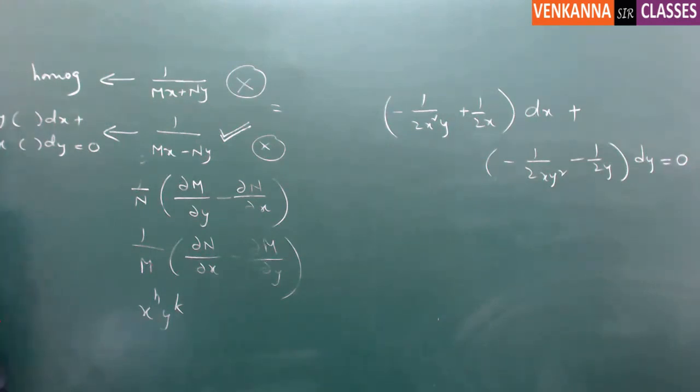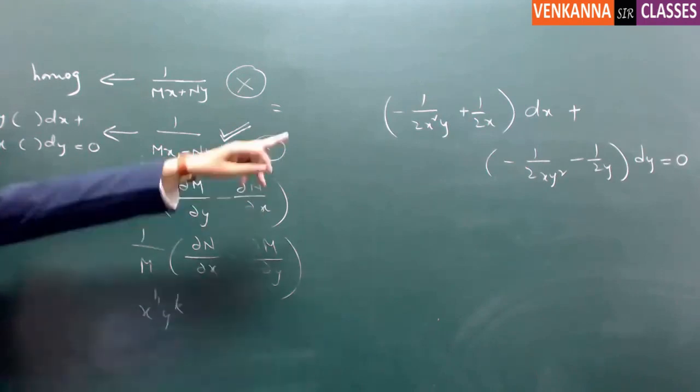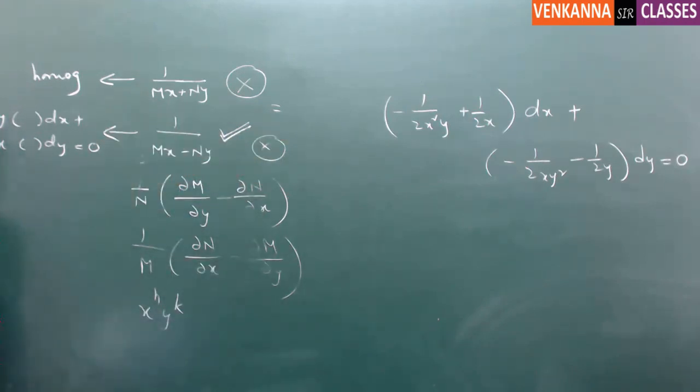If you do the problem simultaneously with me, then you can have a better idea compared to usage of the formula. So on multiplying the given equation with minus 1 by 2x square y square, that should be the value. If everyone confirms that, then I go further.